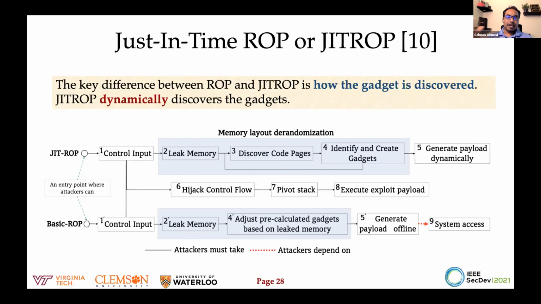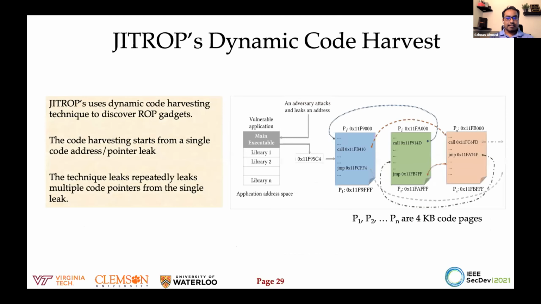And it does this by looking into the code pages in a particular way. That is called dynamic code harvesting. Both basic ROP and JIT ROP start with a single code pointer leak or address leak. In this figure, if we consider 0x...F95C4 as the address that has been leaked, then what JIT ROP's dynamic code harvesting does is look for the mapped code page for this particular address.